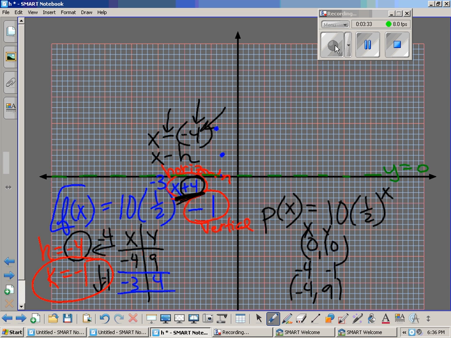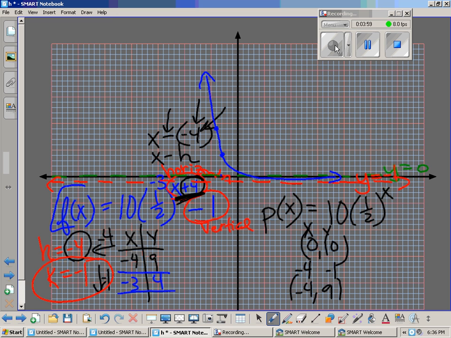So in green is my original asymptote, and now I'm going to shift it downwards 1. The new asymptote will be at y equals -1. So when I graph this function, I just make sure I'm getting closer and closer to y equals -1.